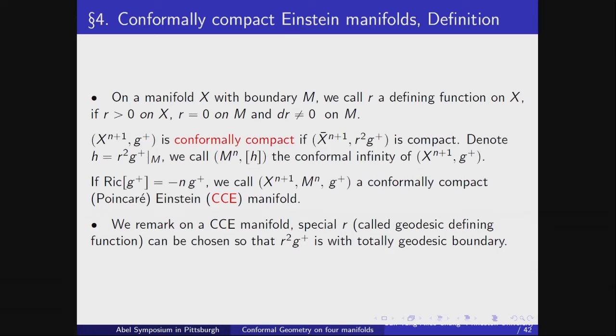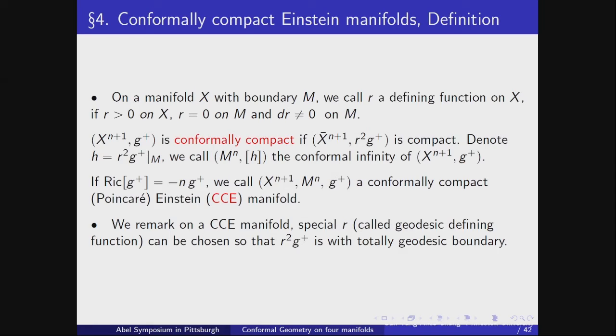On a manifold with a metric g plus, which may not be compact, we call it conformally compact if multiplying by the square of a defining function makes it compact. In this case, we call the boundary metric the conformal infinity of the original manifold.